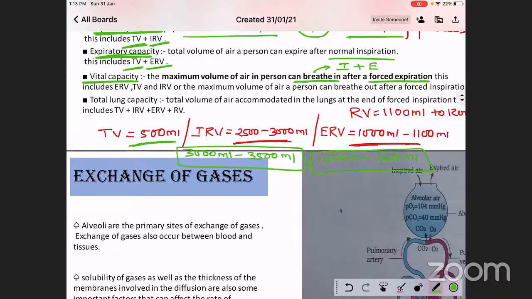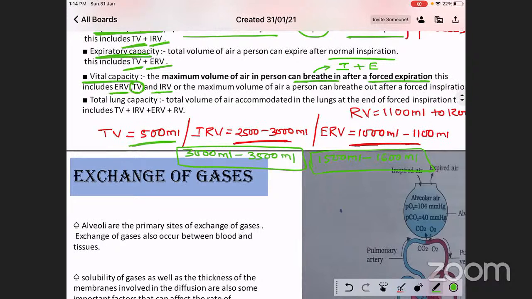Then we take the forceful inspiration. If we are taking a forceful inspiration, it means we are using the tidal volume and the inspiratory reserve volume, and after that we forcefully expire.